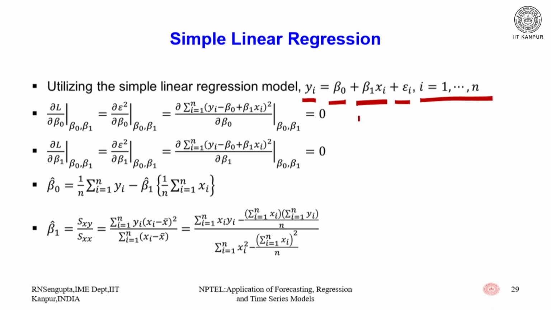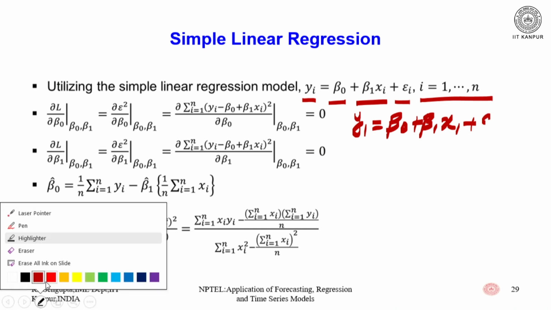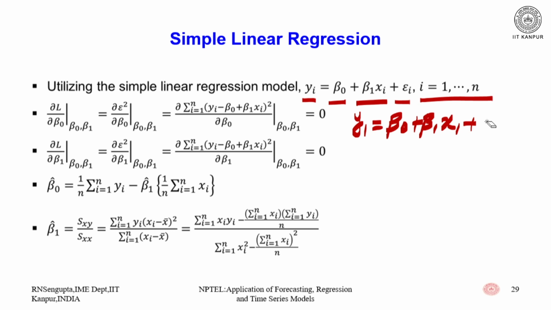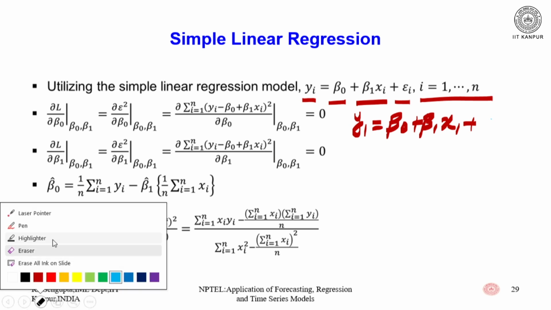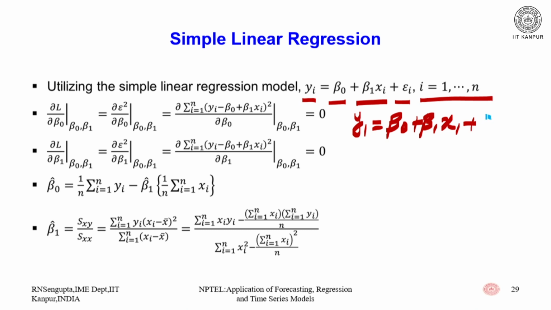So, actually if I write the equation using the same red color, I will have y1, which is the first reading of y, equal to beta naught plus beta 1 into x1 plus epsilon 1, which I will try to denote the error in a different color, because it will be easy for me to talk then. So, this is the error term, and this error is marked in blue, this epsilon 1 first.